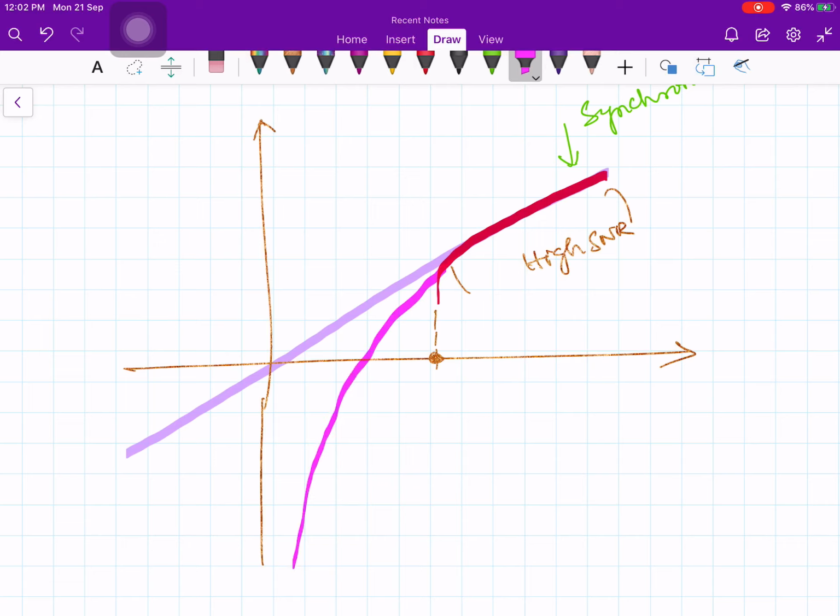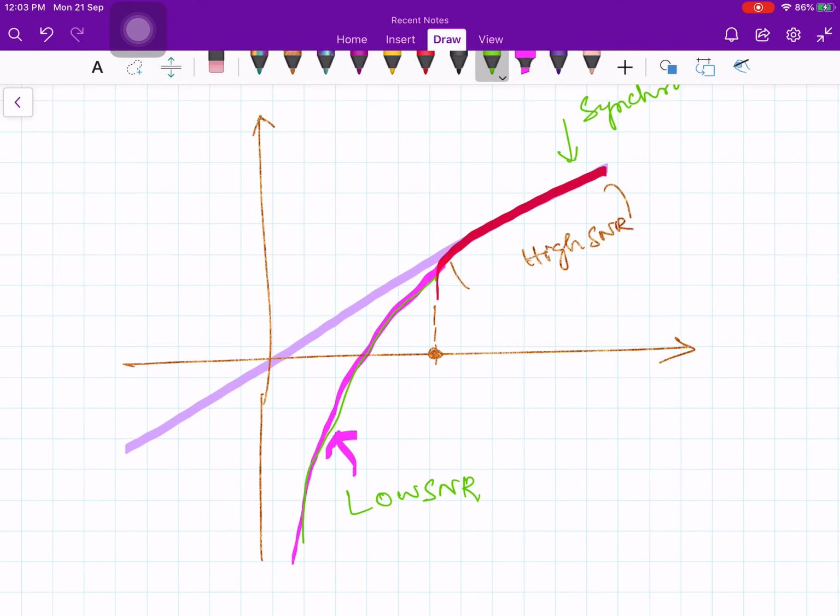This is for low SNR. So eventually at low input SNR, you get a signal which does not resemble your message signal, because the output does not resemble the input at all in terms of the message. So you will get a curve like this.